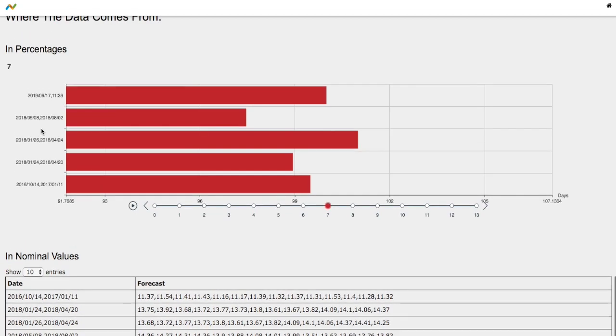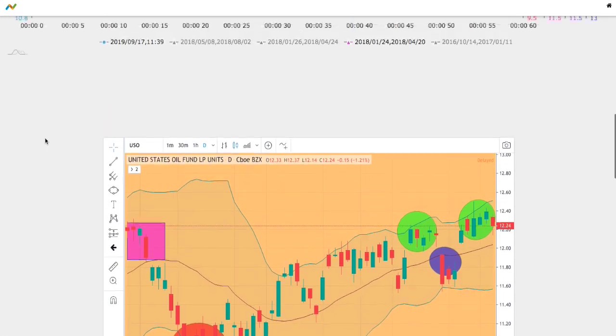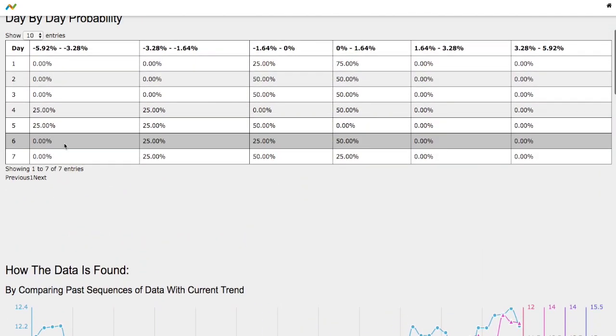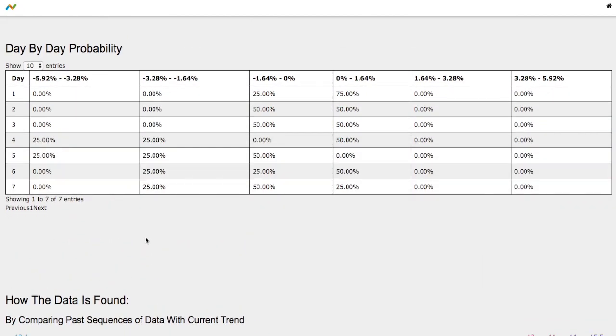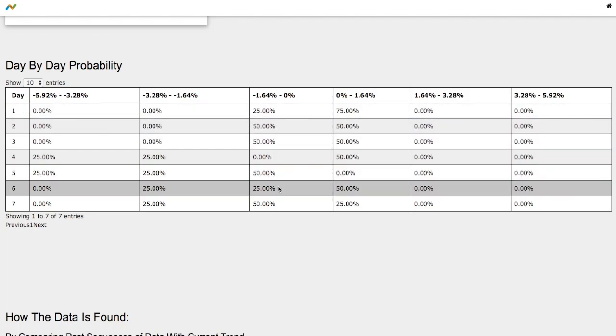So these models can be distinguished in day-by-day percentages. What we have here is a day-by-day probability. If we go through every single day, we see an average slightly above, between 0 and 1.6%. However, we do see similar action here as well.